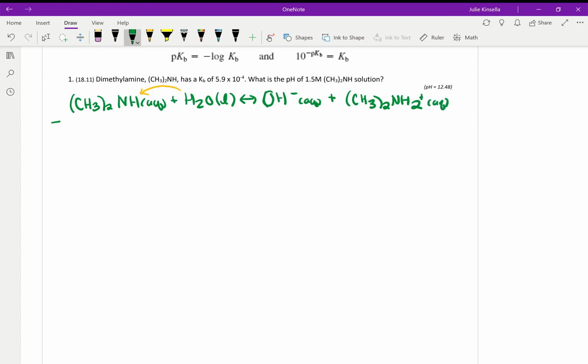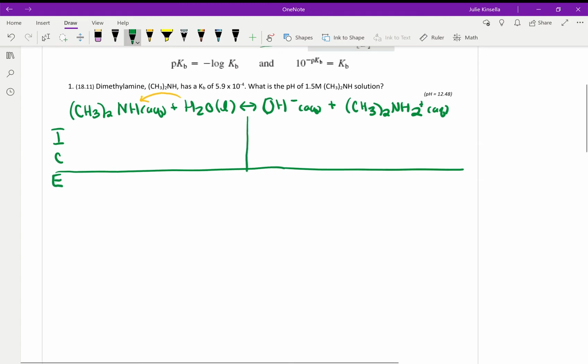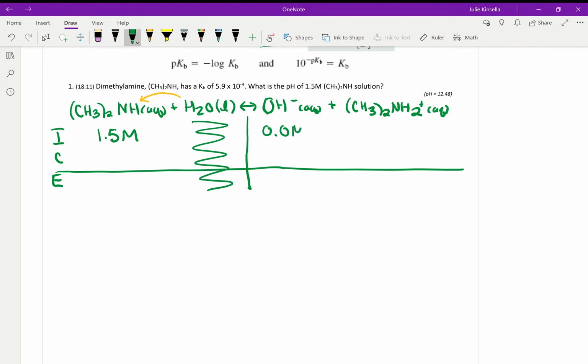So we can set up an ICE table. And same thing as before, we can take water out of it. We were given the initial concentration of our weak base. We can say that our hydroxide is at 0. Similar to the weak acid, there is technically some hydroxide in the solution from the autoionization of water, but it's going to be much less than 5% of the hydroxide from the weak base.